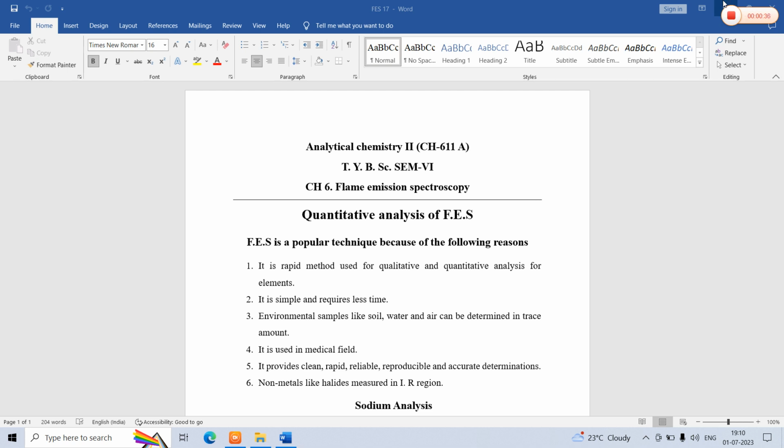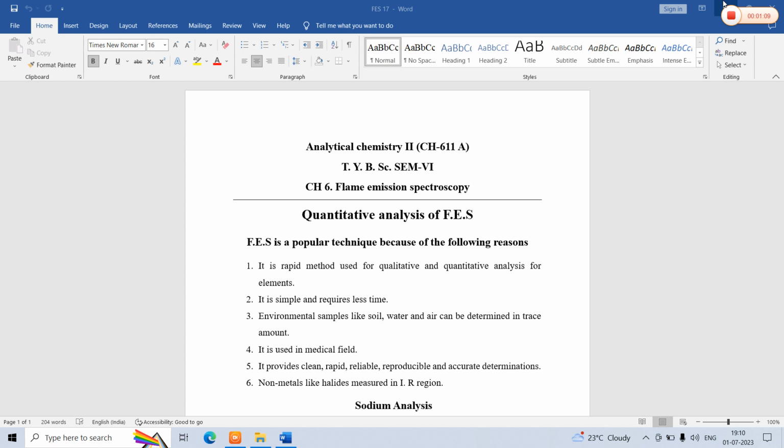In flame emission spectroscopy, we have already learned about the introduction, principle, and instrumentation. Flame emission spectroscopy is useful for qualitative analysis and quantitative analysis. Qualitative analysis is simply identification of the color, or wavelength, of the light.